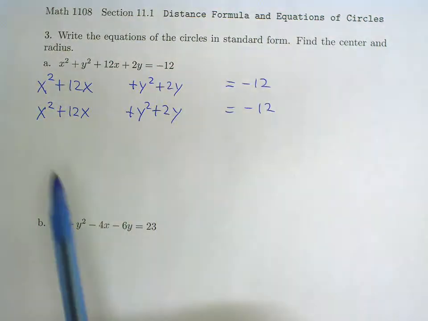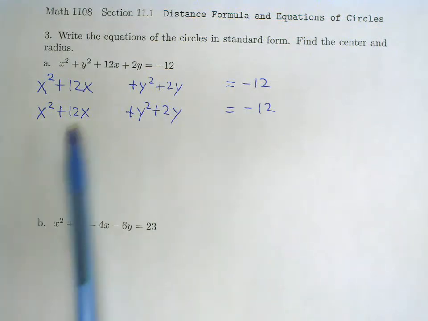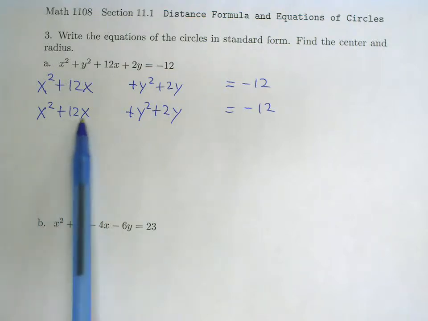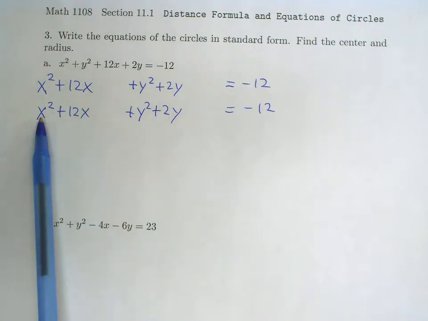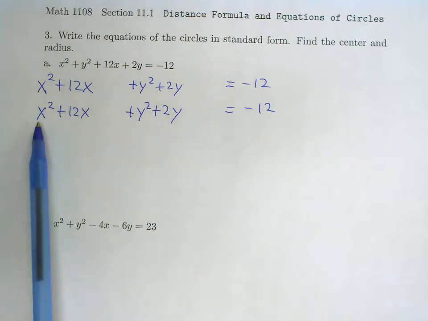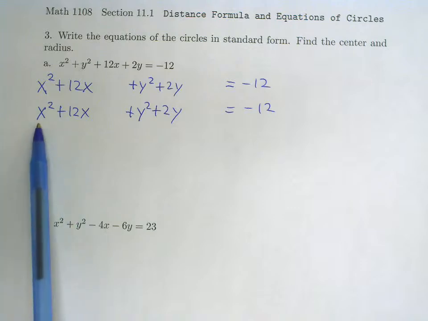So first, x squared plus 12x. Keep in mind that whenever you complete the square using this method, you have to make sure that the coefficient of x squared is 1. We already have that, but if you don't do that in a different setting, then you'll end up in trouble.